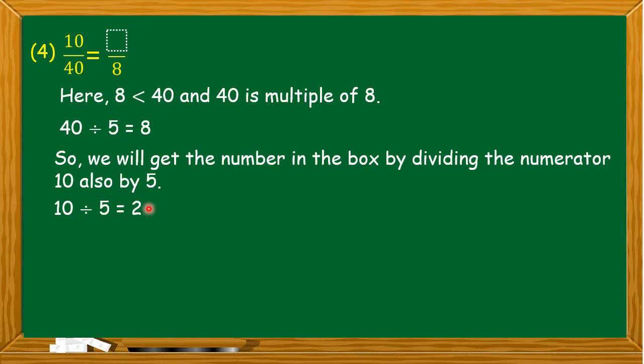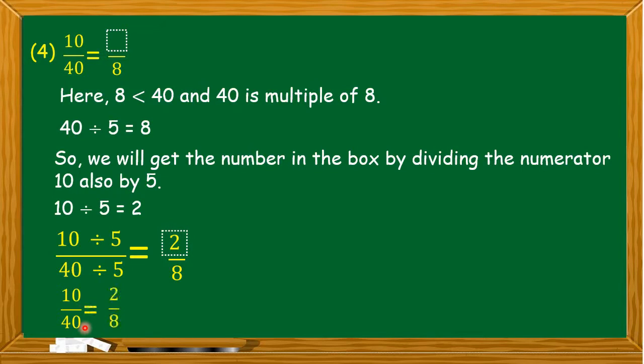So we write 10 divided by 5 upon 40 divided by 5, which is equal to 2 upon 8. Hence, we get 10 upon 40 is equal to 2 upon 8.